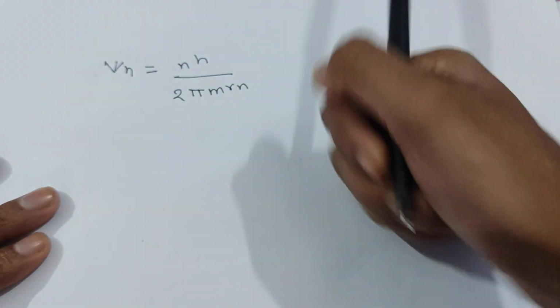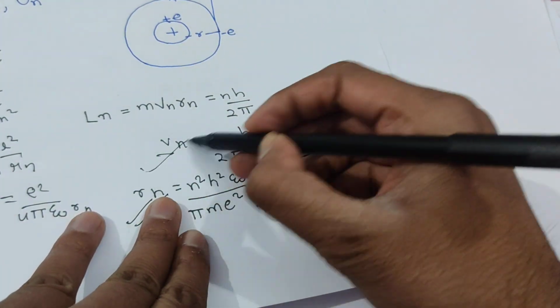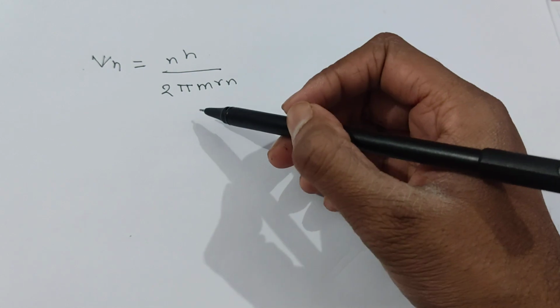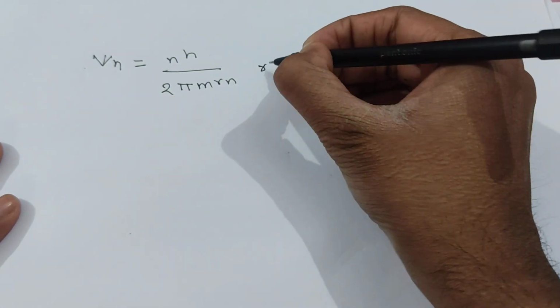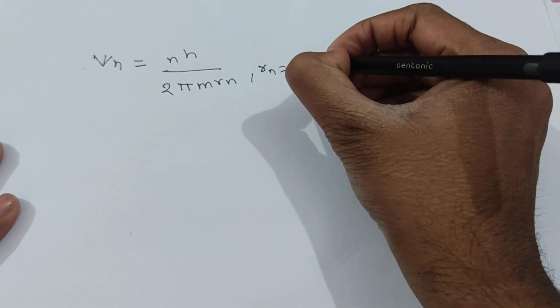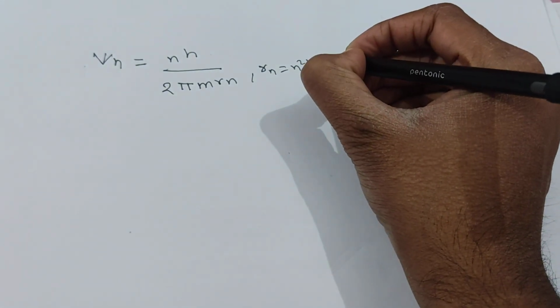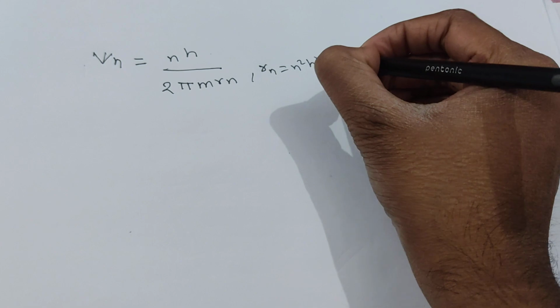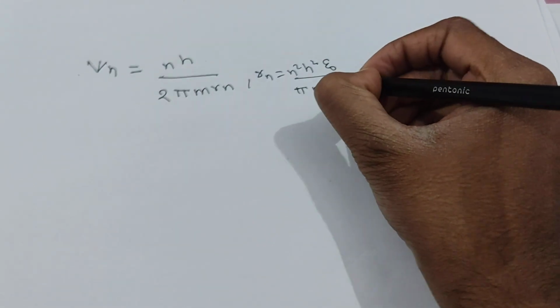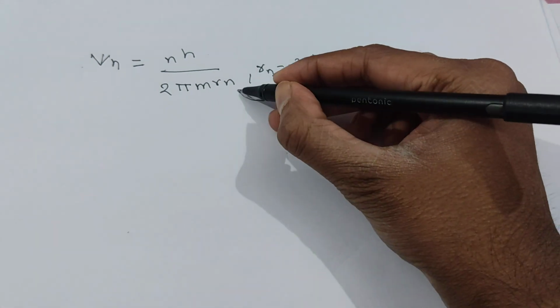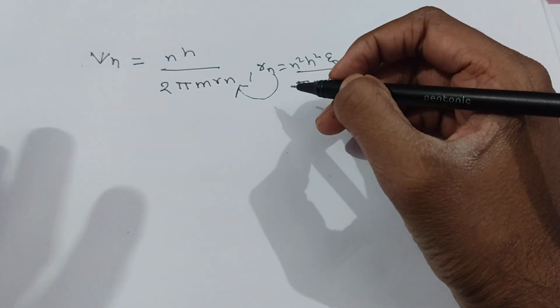Where does this formula come from? From here we can say that this formula comes from. Now we will put the Rn value. Rn is equal to n square h square epsilon naught divided by pi m e square. We put the Rn value here, so we'll get our Vn.